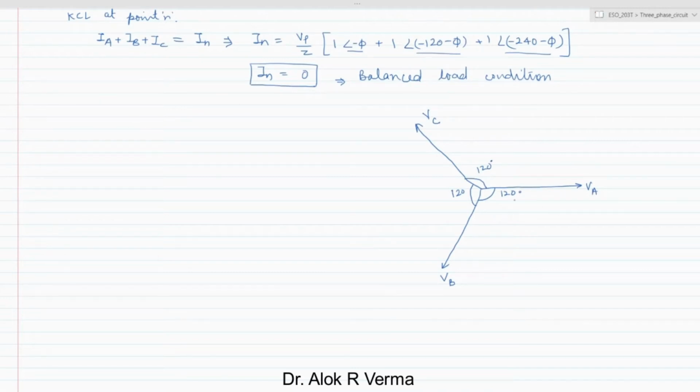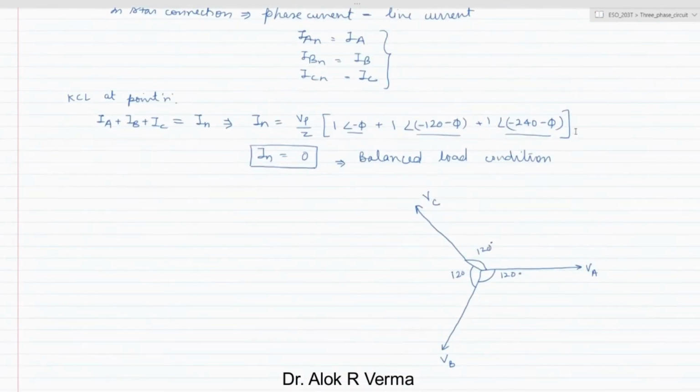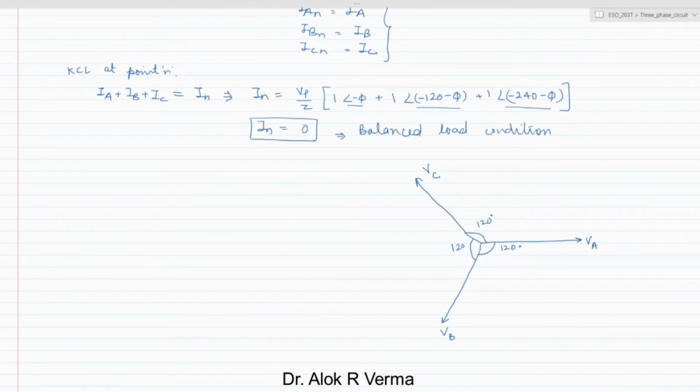Now if you see the current, this is phase voltage by Z. So consider this as a phase voltage. Now if you find out the current IA, this is IA, which is nothing but VA by Z, angle of minus phi. So you can see this angle is nothing but phi.